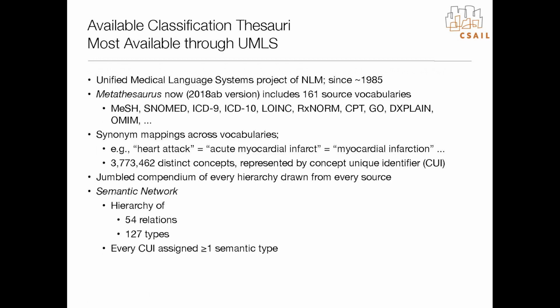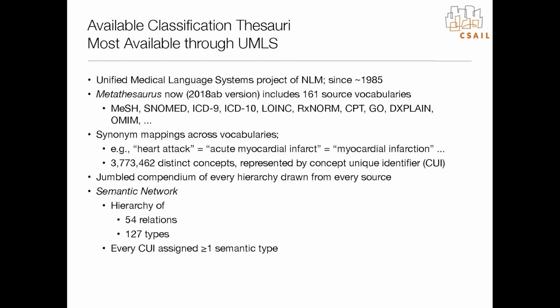So as of the current moment, there are about 3.7 million distinct concepts in this concept base. There are also hierarchies and relationships that are imported from all these different sources of terminology, but those are a pretty jumbled mess. And then over the whole thing, they created a semantic network that says there are 54 relations and 127 types, and every concept unique identifier is assigned at least one semantic type.